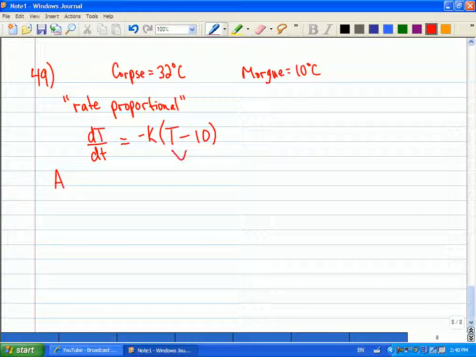This number here is always a positive, and this is going to end up making the whole thing overall a negative, because this is decreasing. Okay. So we get A for an answer there. Does that make sense? It's definitely tough the first time you see that kind of thing, but that's what we're getting at.